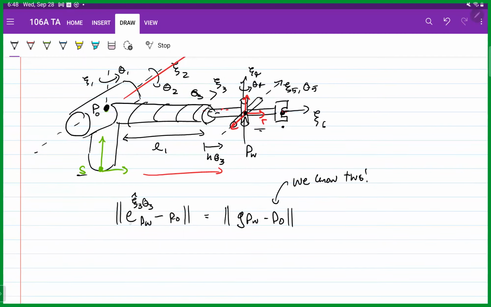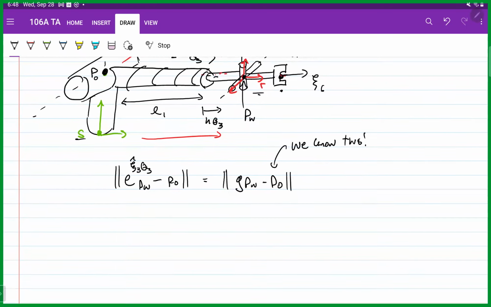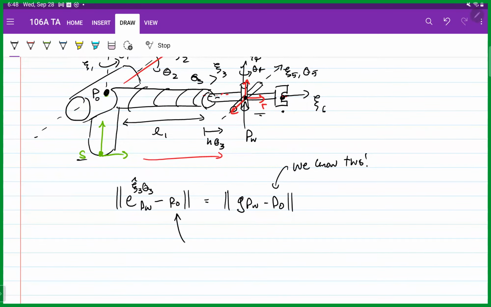So we have an e to the xi3 theta 3 times pw minus p0, okay? So let's talk about what these different points are. p0 equals this point over here, right? It's going to be this point on these axes, so it's the point on xi1 and xi2, okay?